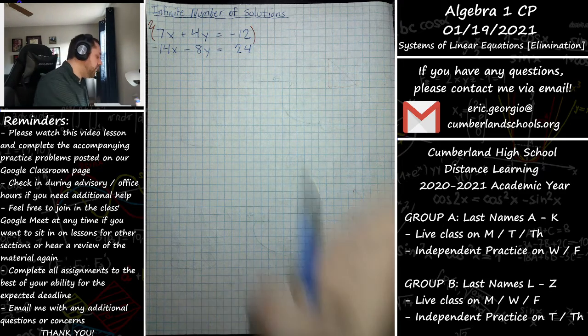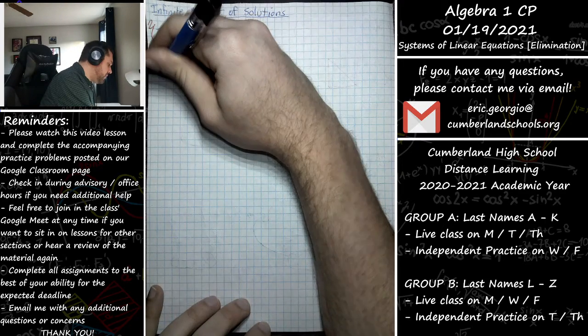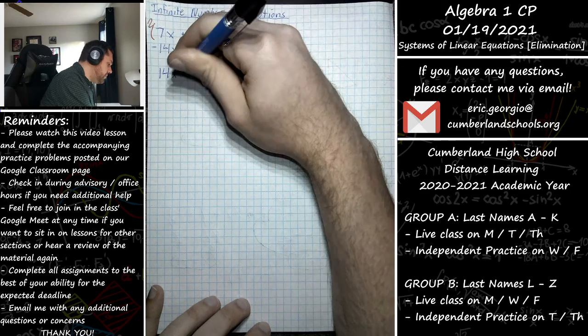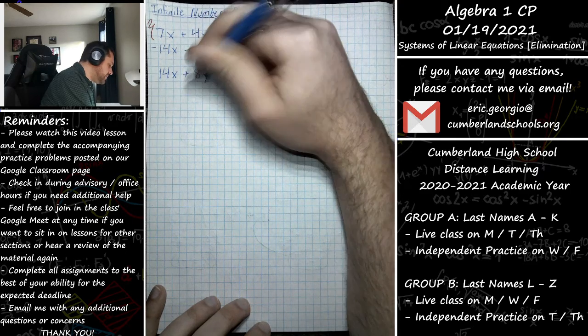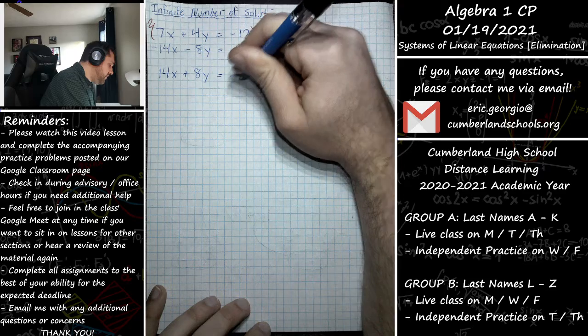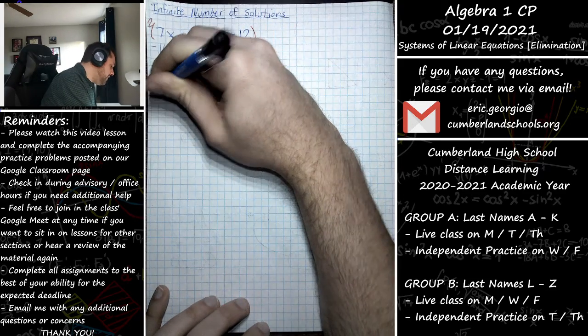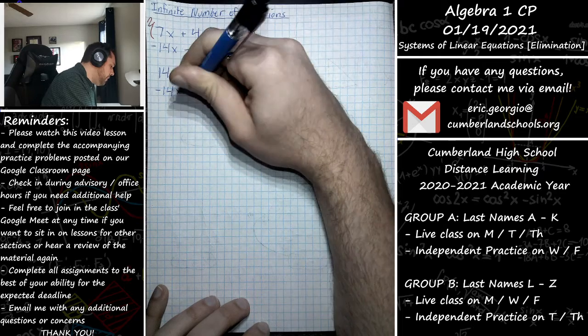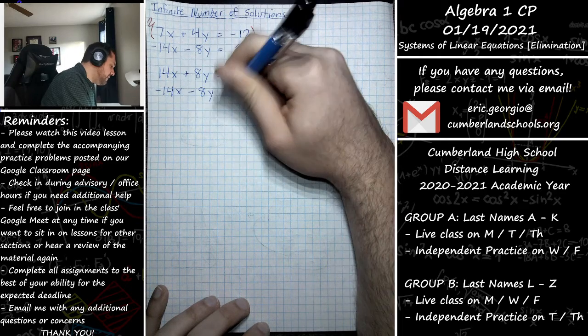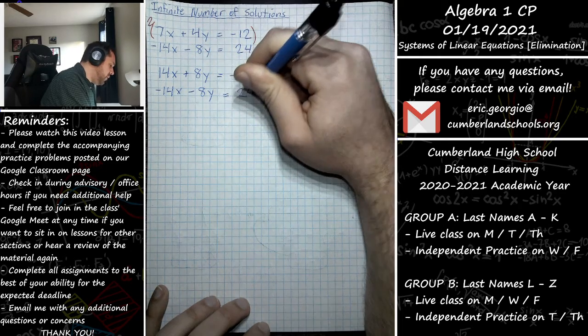By doing that, we would get in the top equation 14x plus 8y is equal to -24. And in the bottom equation, we'd get -14x minus 8y, just keeping it the same, is equal to 24.